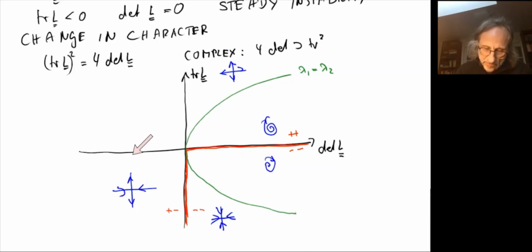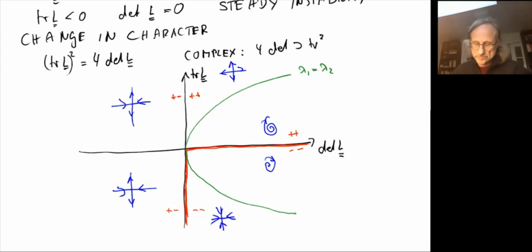So we have here positive, negative. Let's mark that in addition. We also have here positive, negative. And then as we cross this line, they become both positive. So here we also have a saddle. And so we now have an overview of all the possible instabilities that a fixed point can have in 2 dimensions. We have spirals, unstable nodes, saddles, stable nodes, and spirals again.